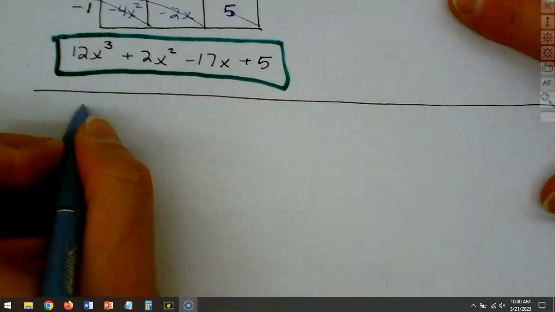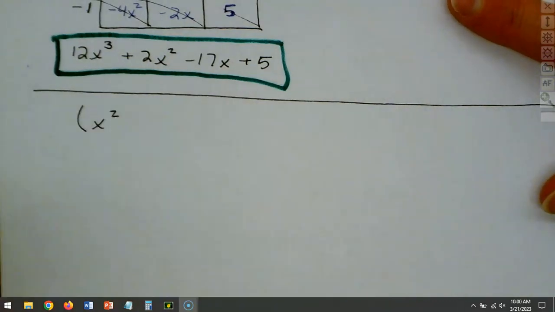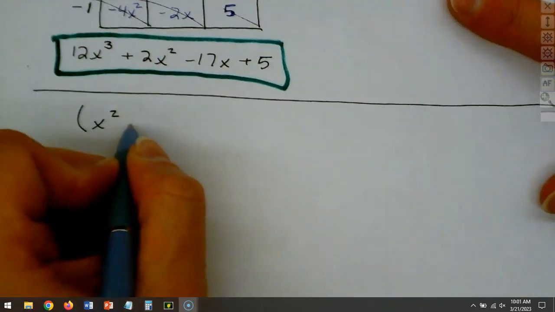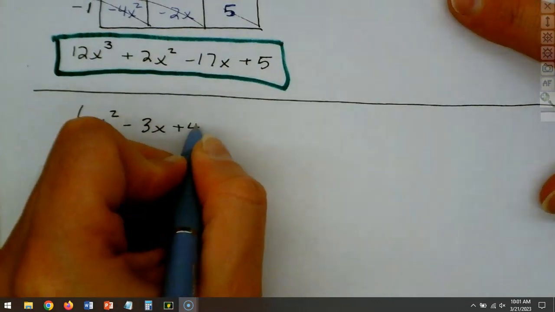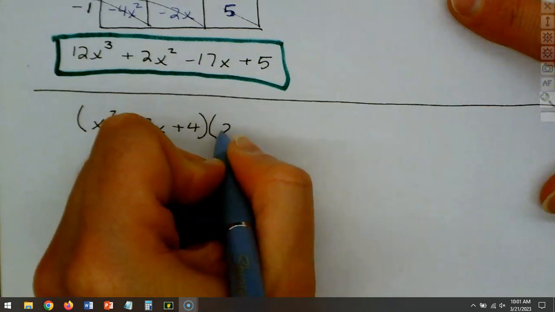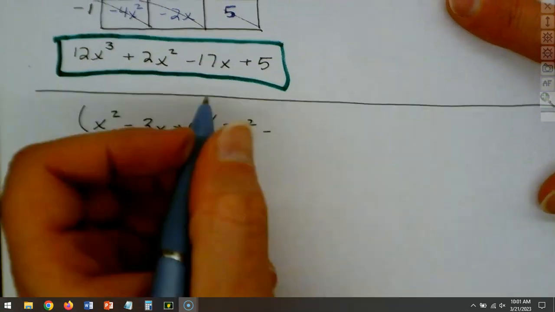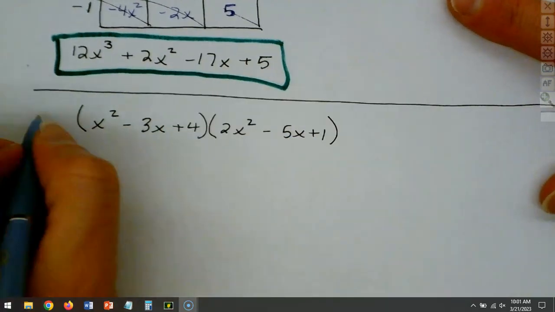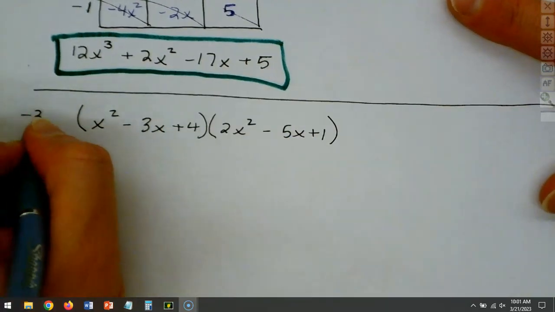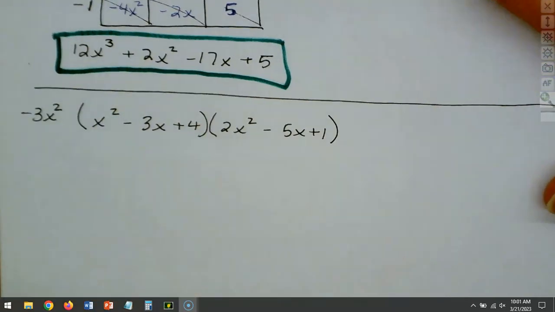So again, this one's going to be too big to FOIL. How about we look at x squared minus 3x plus 4 times 2x squared minus 5x plus 1. And let's put a minus 3x squared out in front.